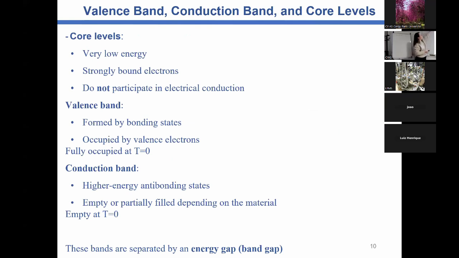The core levels are at very low energy, and they are strongly bound. So they need high energy to eliminate these electrons that are trapped in the atom.